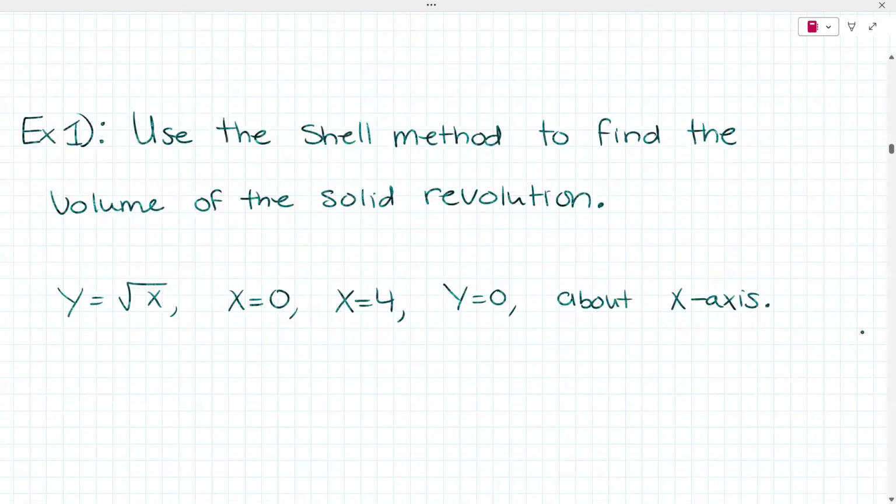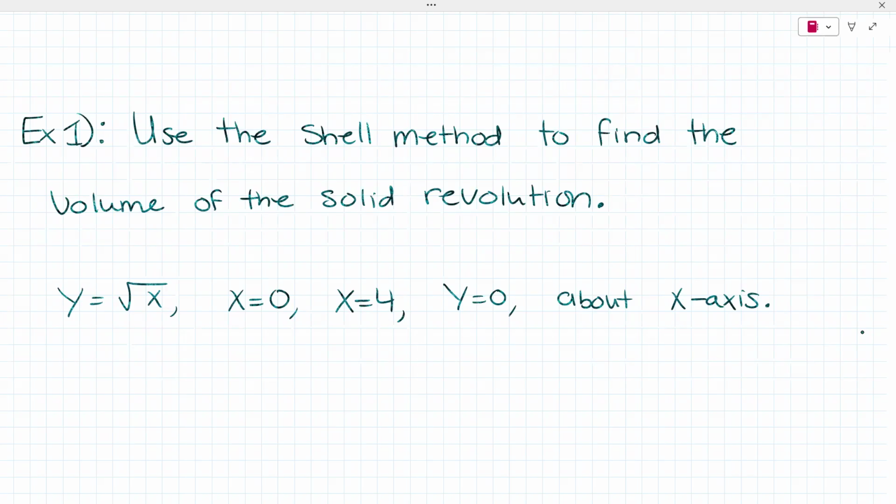Okay, let's do an example, and I recommend getting some kind of graphing calculator or Desmos to really see what's happening. So example one says, use the shell method to find the volume of the solid of revolution. We have the curve y equals square root of x. I know what that looks like. x equals 0, that's a vertical line. x equals 4, I know what that looks like.